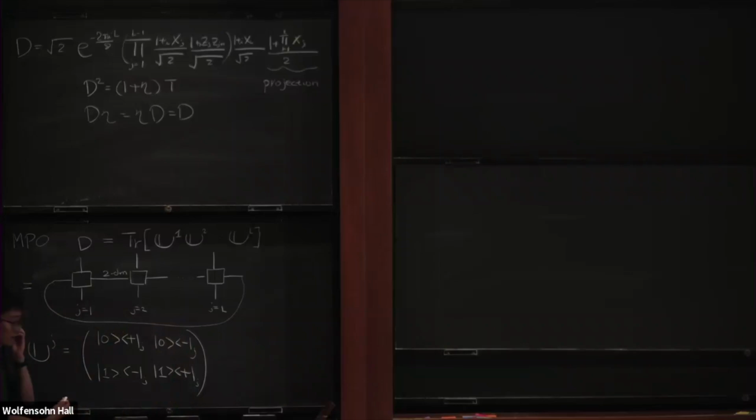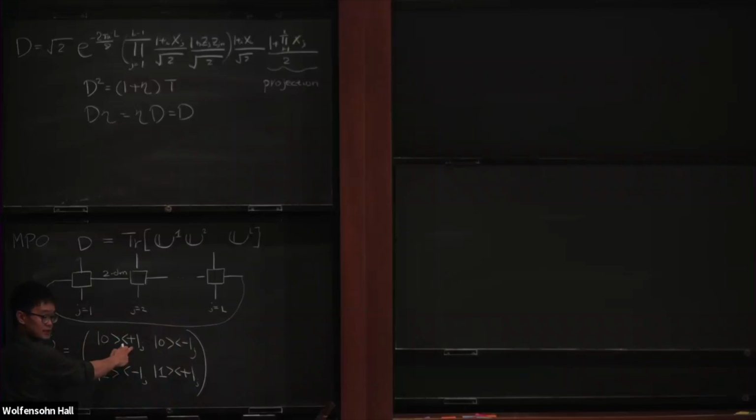Okay, so let's unpack this formula a little bit. First of all, my convention is that 0 and 1 are the eigenbases for the Pauli Z operator. Plus and minus are the eigenbases for the Pauli X operators.